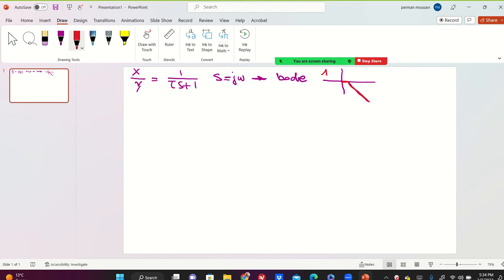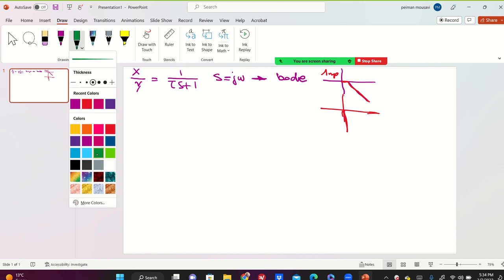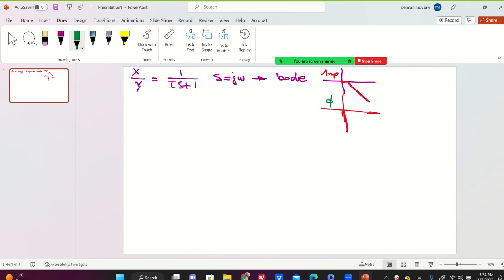This is amplitude, and this is the phase, right? And this was the phase, and we named it a low pass filter.